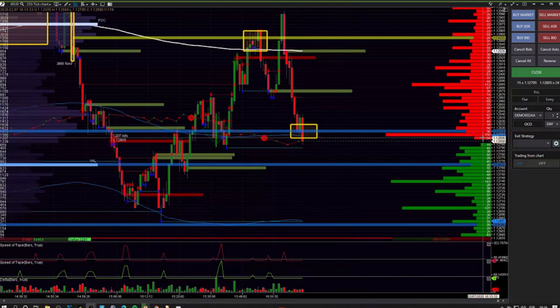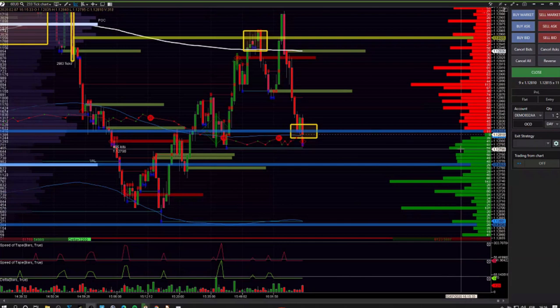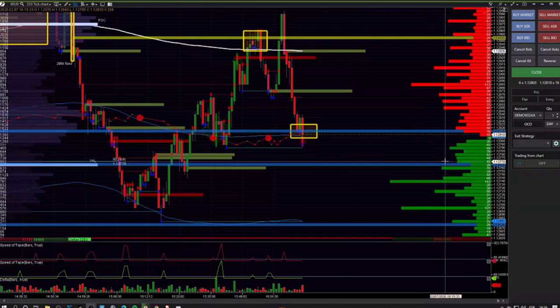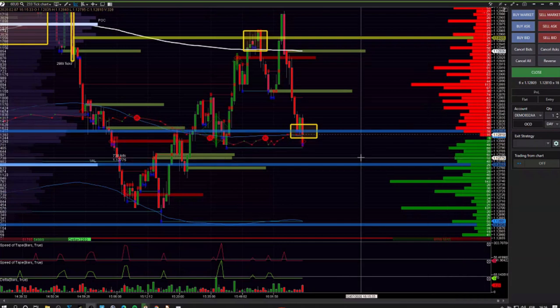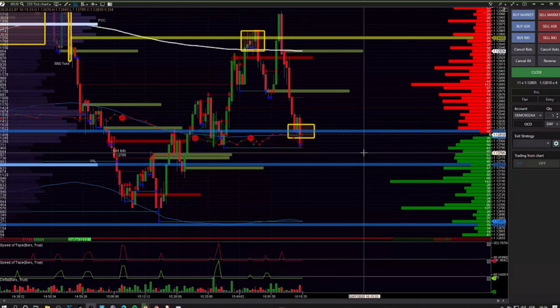You can see how now 150 contracts are being added here, and they just took them away. All right, they just took away those 150 contracts, and that's something you can only spot looking at the order flow and the depth of market.